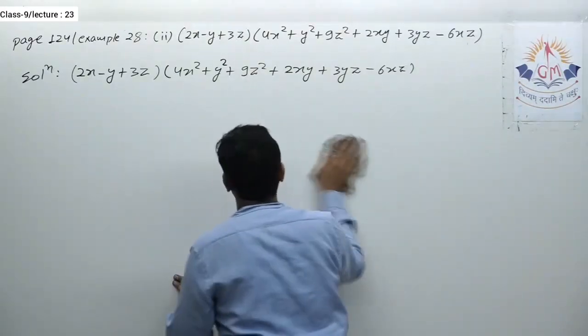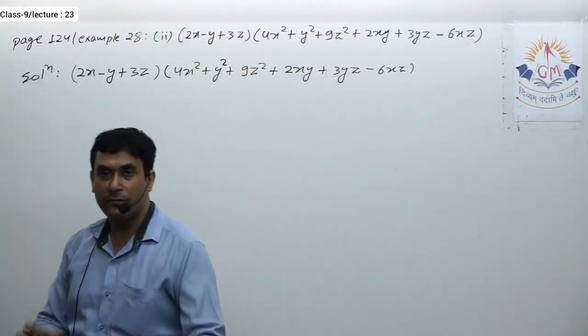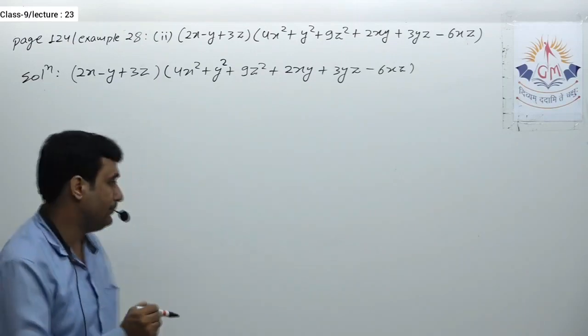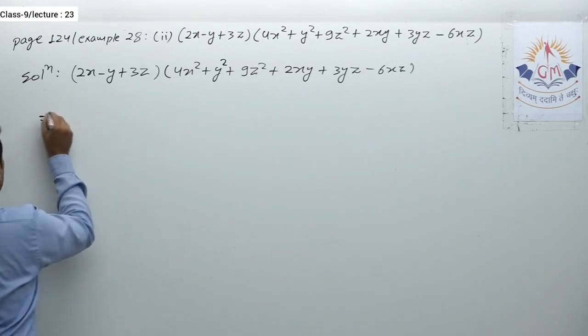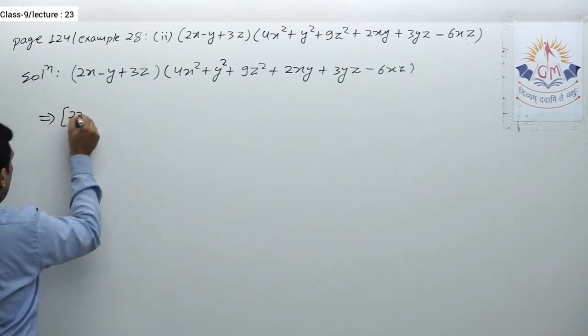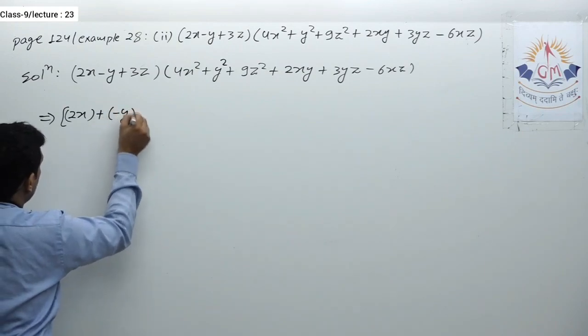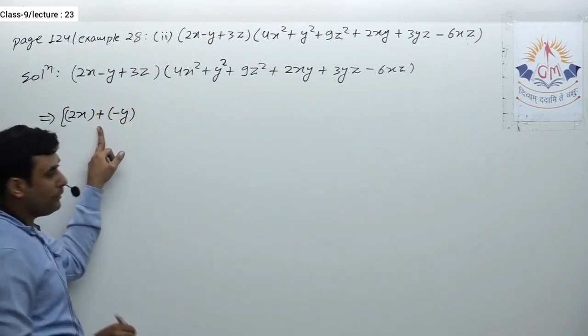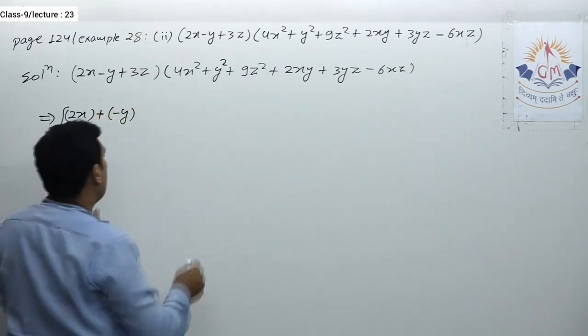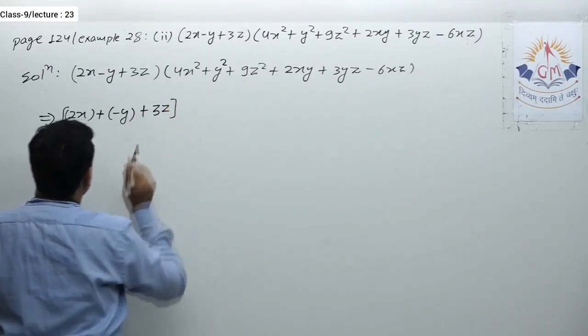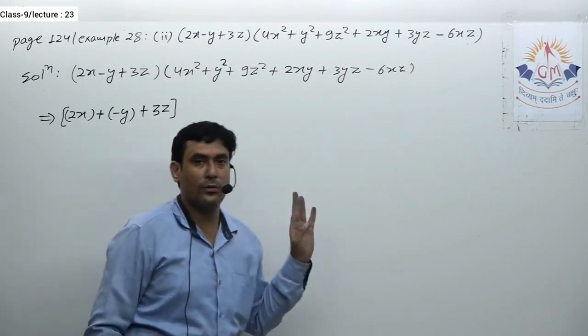For that you just have to write the first three terms in their standard form, like a plus b plus c. So here I write this a plus b instead of c. As I need to put a plus sign over here, I have to take minus y in the bracket. So a plus b plus c. That is the only thing that you have to work on.